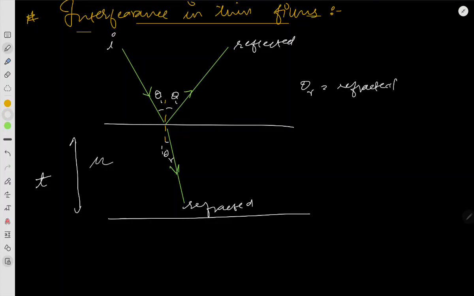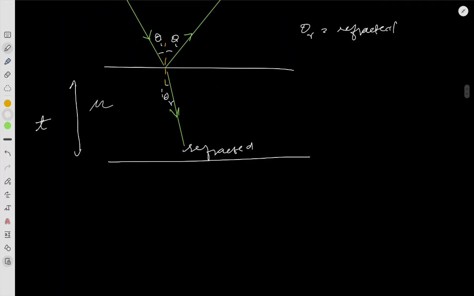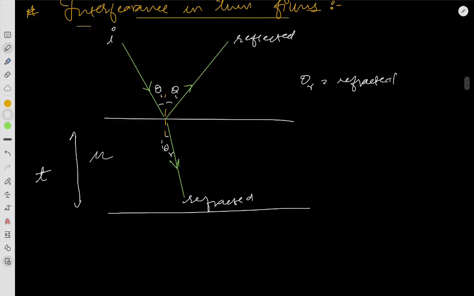Now I should label these points as P, Q, R. One more thing to note that you might have totally forgotten is this light would go over here and some of it would again get reflected.